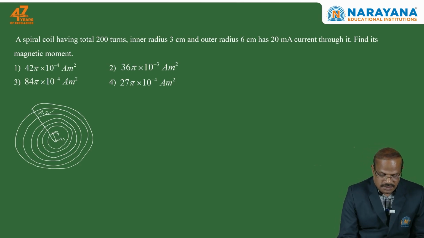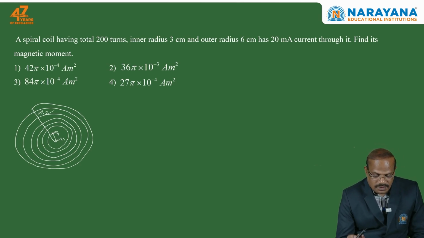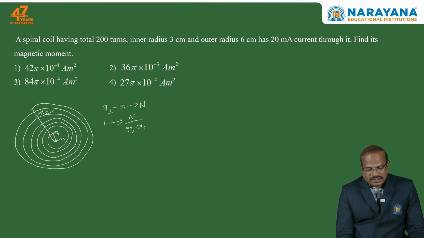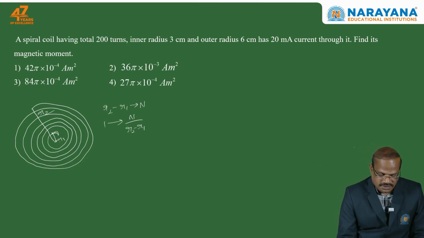Here the total number of turns in it is 200. Let it be capital N. So what is the width of this? This width is R2 minus R1. For R2 minus R1 width, number of turns N. For unit width, number of turns N by R2 minus R1.